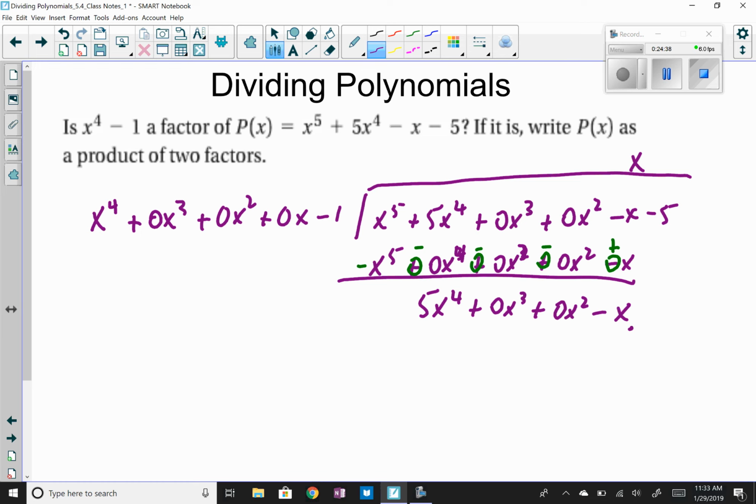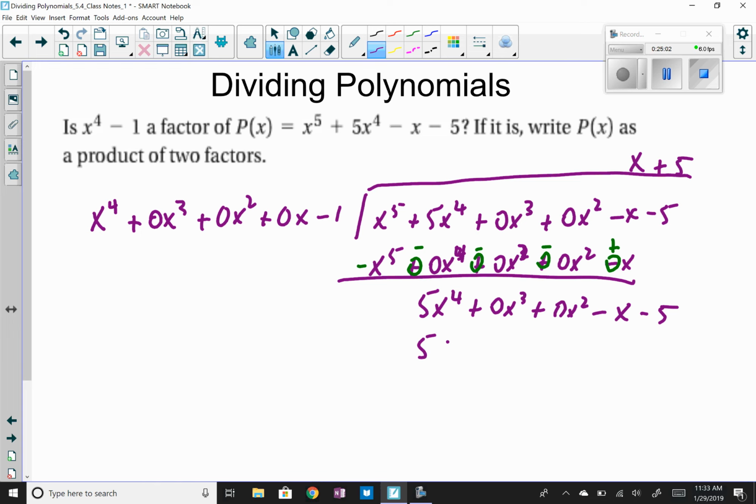So that is the remainder, excuse me. Bring down the negative 5. Now I need something that's going to multiply to x to the 4th. So that will be a positive 5.